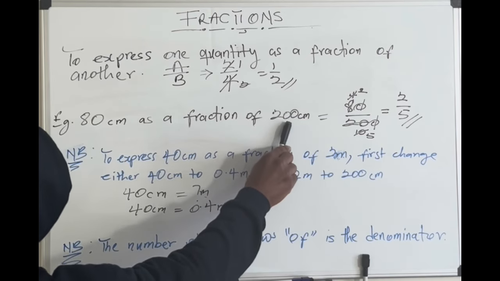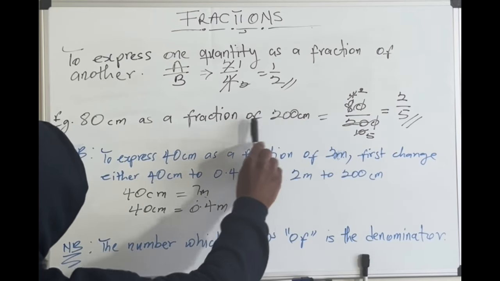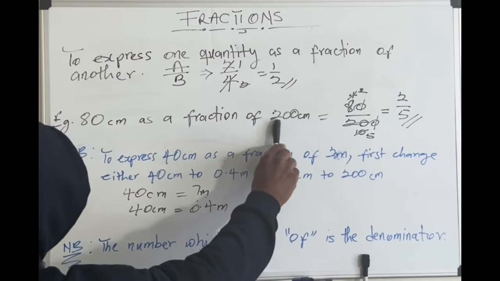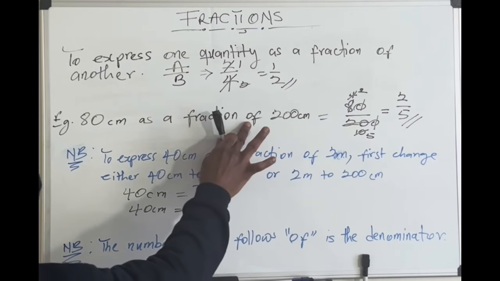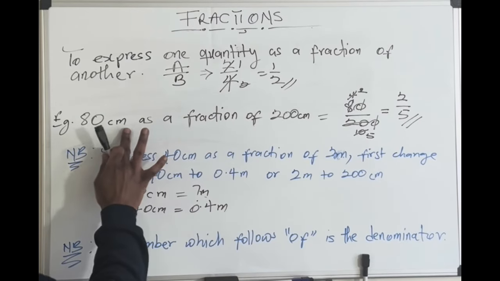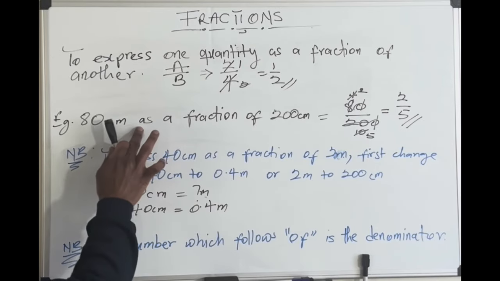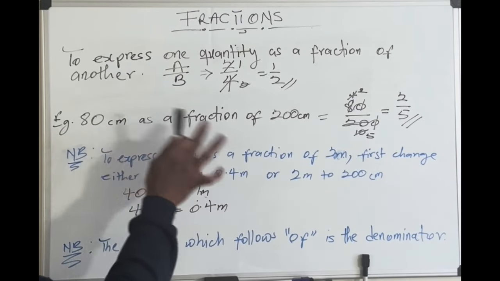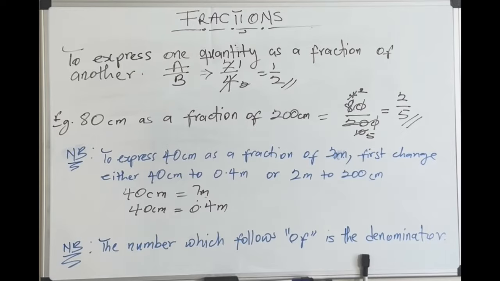The number that is coming right after the "of" is always the denominator. So even if "of" is here and then 80 was to follow, 80 would have been the denominator. I'll give you an example and then you know what I'm talking about.